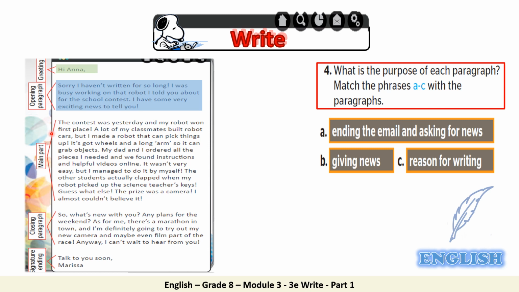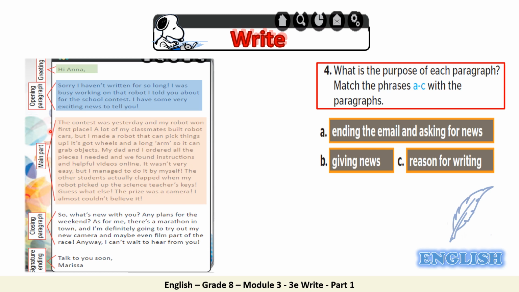Now let's move on to the main part. In this part, Marissa starts to tell her latest news to Anna. She talks about a personal situation, a school contest she participated in. The contest was yesterday, and my robot won first place.